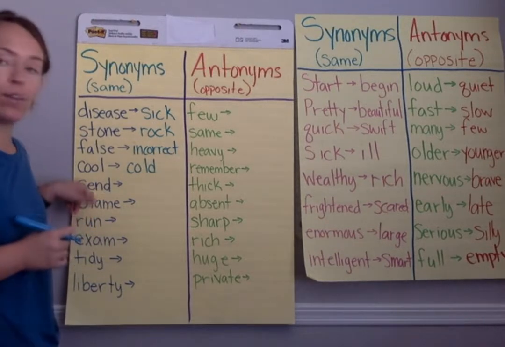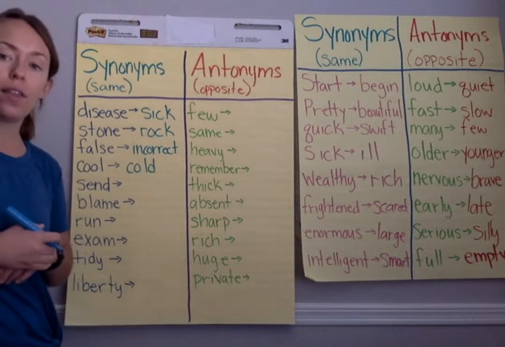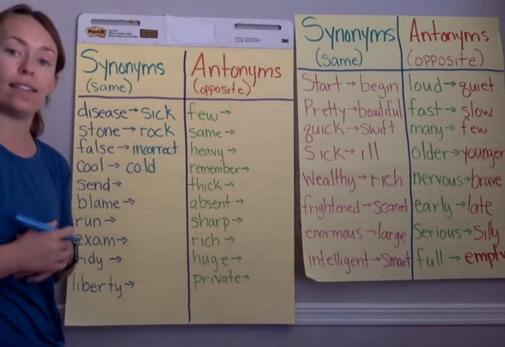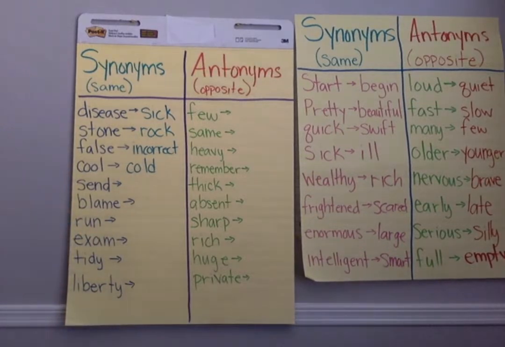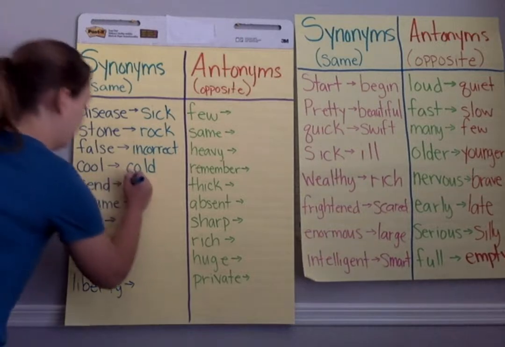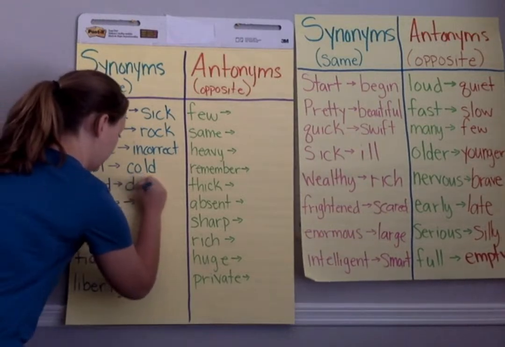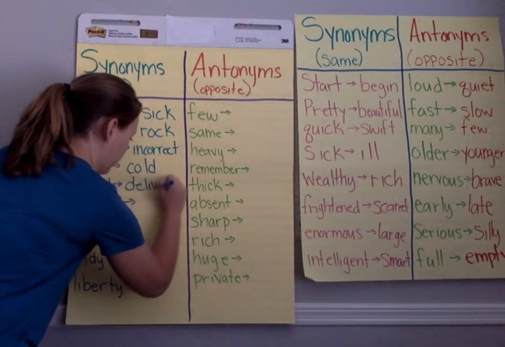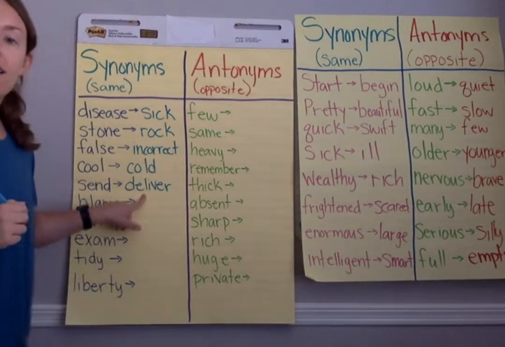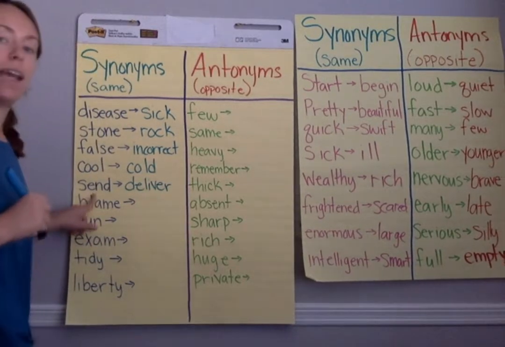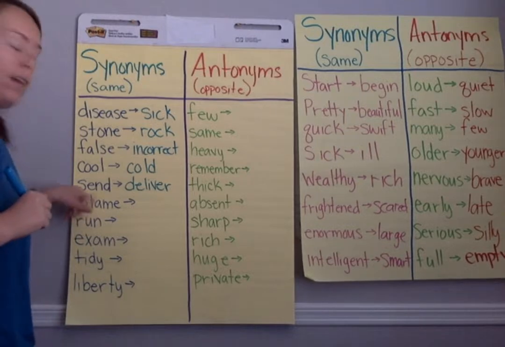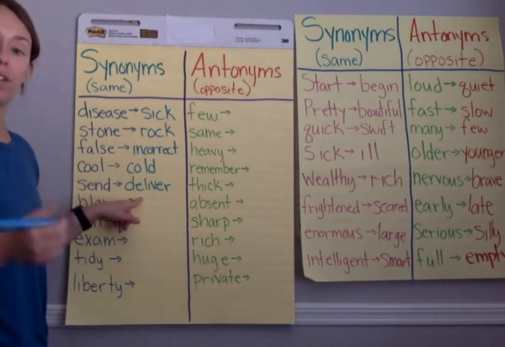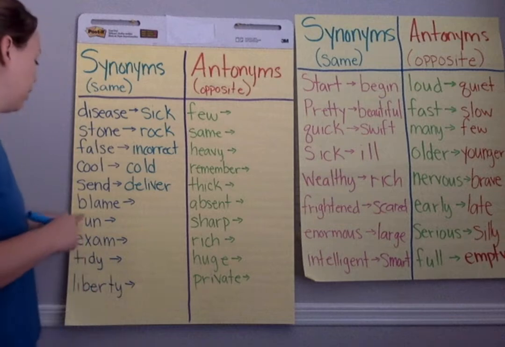Okay, if I have the word send, what's another word that means the same thing as send? Deliver. So if I said that I was going to send you some money in the mail, I could also say I'm going to deliver some money to you through the mail.